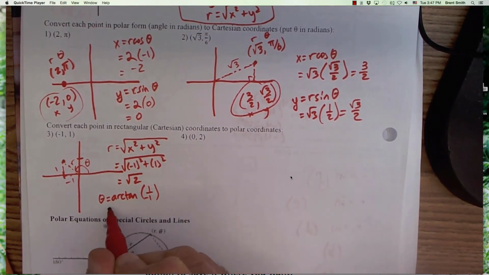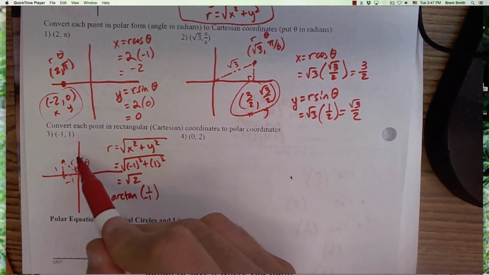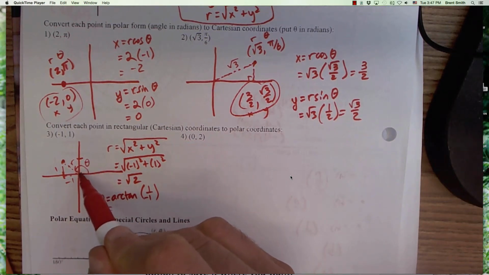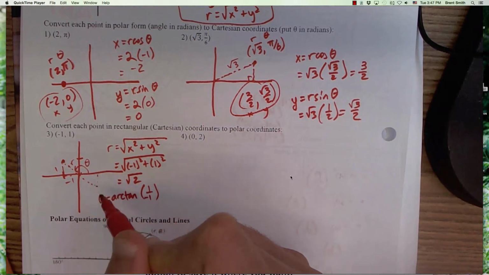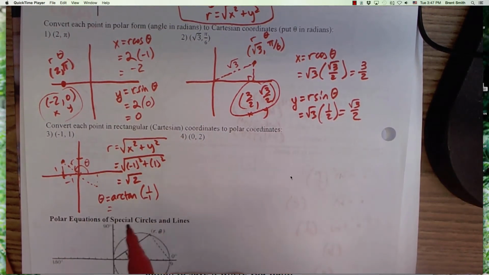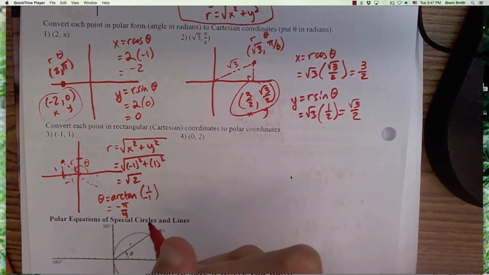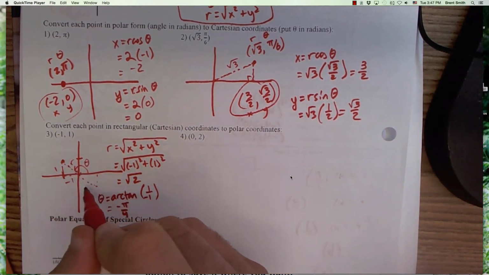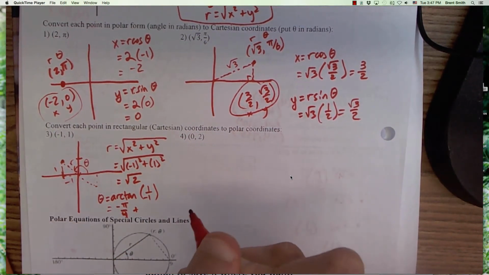If you punch that in, though, remember our principal branch for tangent is here. So it's actually going to give us this one here, negative pi over 4, or negative 45 degrees if you prefer. Remember, we can always add 180 degrees to get something that also has the same tan ratio.